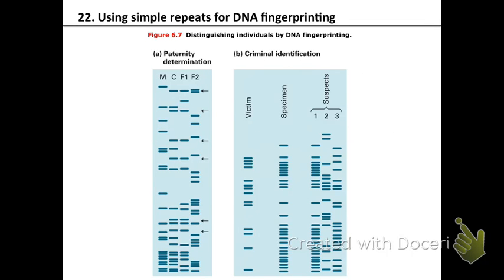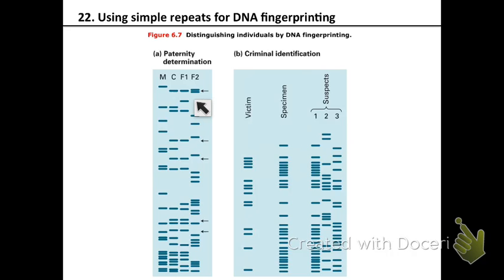All right, so, for example, in this example, we're doing paternity determination. So we want to know which one of these persons is the father of this child, right? So you take DNA from the mom, and you determine her DNA fingerprint. You do the same thing for the child and determine her fingerprint. And then you take DNA from the father and also look at that.